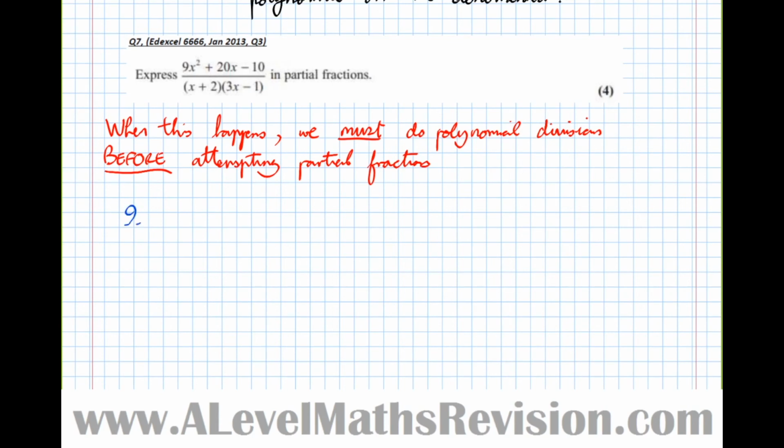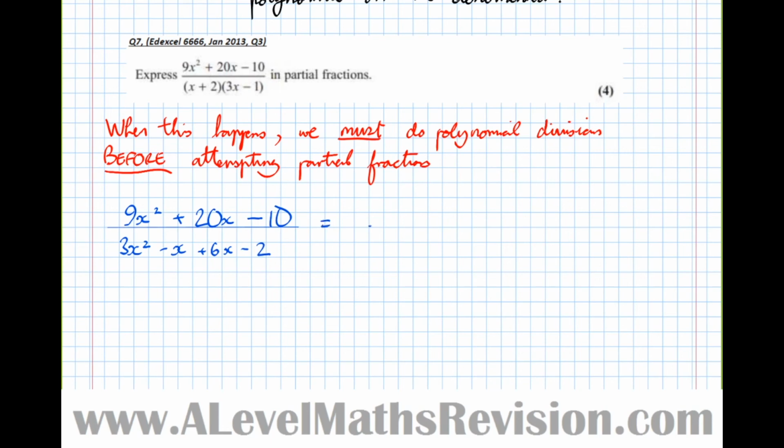So we've got 9x squared plus 20x minus 10 divided by x squared, 3x squared on the bottom, minus x plus 6x rather, minus 2.